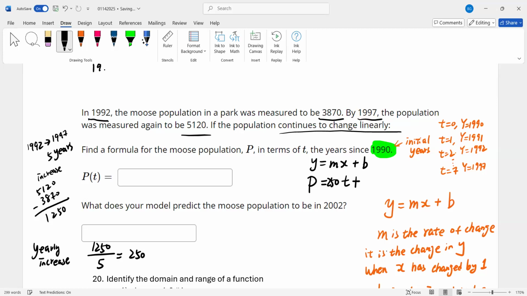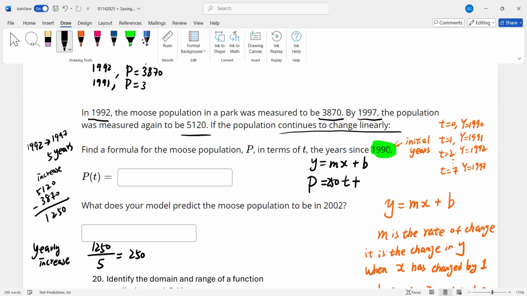Let me write it down. In 1992, the population is 3,870. So in 1991 it should be less, because when time goes by, the population goes up. So if we go backwards, the population should decrease.